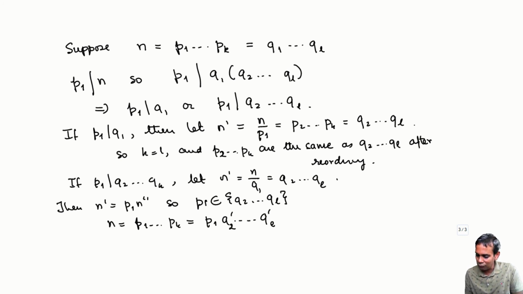So these are the remaining factors after I pulled out p1, which was one among q2 up to ql. And then again, by induction hypothesis, you have p2 up to pk equal to q2 prime up to ql prime, and so the prime factors p2 up to pk are the same as the prime factors q2 prime up to ql prime. Okay, so I'll let you finish off the proof from here yourself.